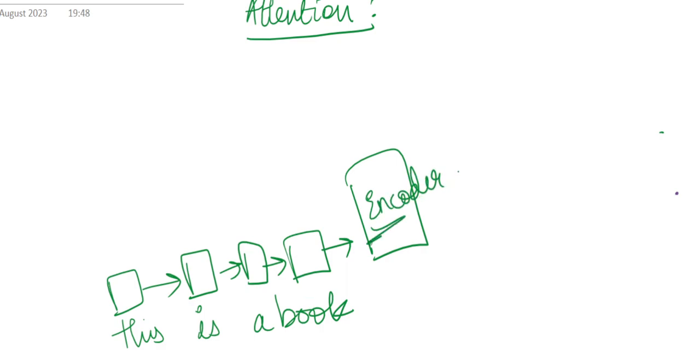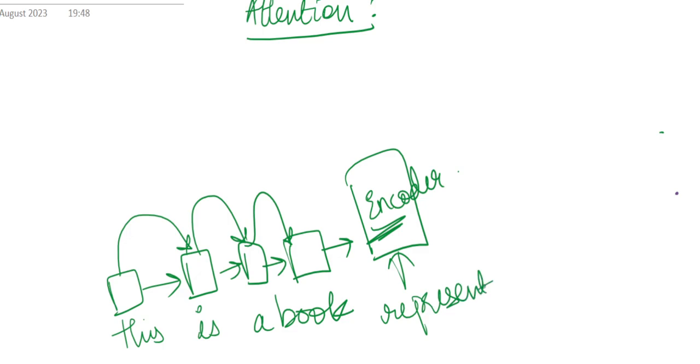So encoder would have information from all the words, so past information from all the words is represented in encoder. So encoder has intermediate representation.